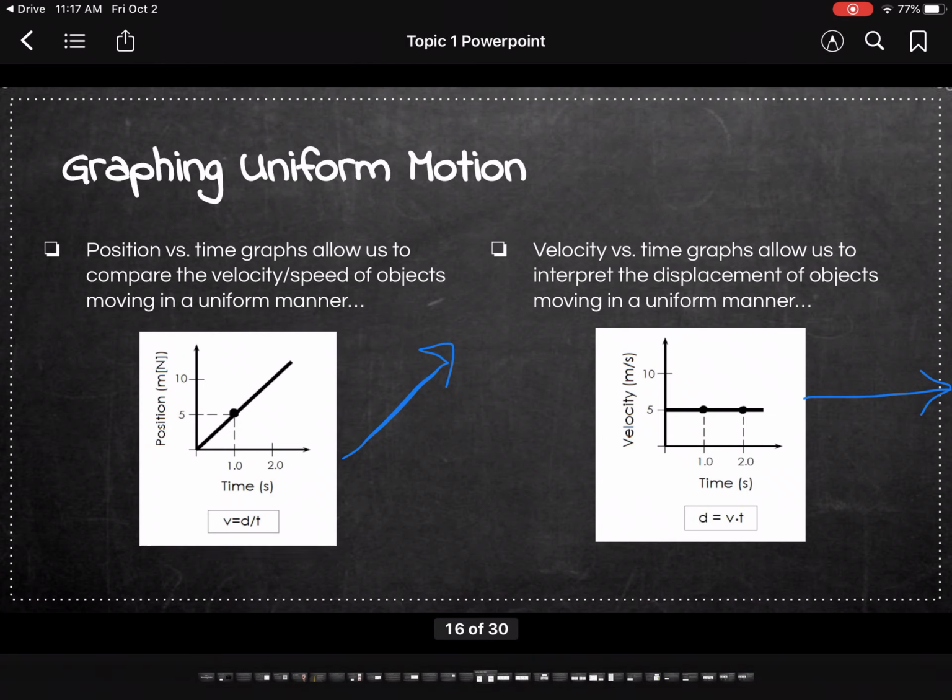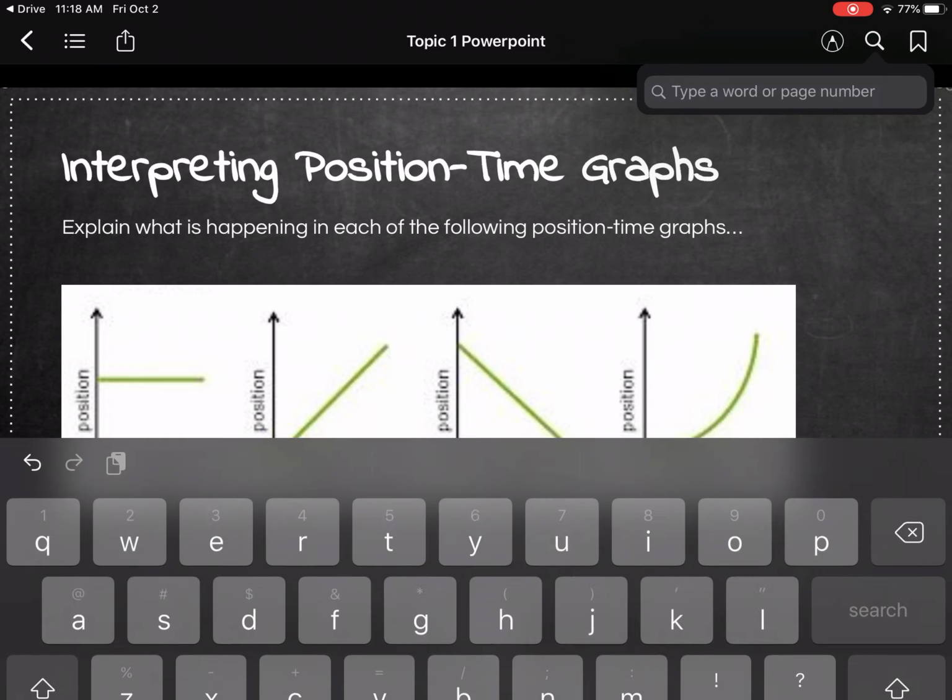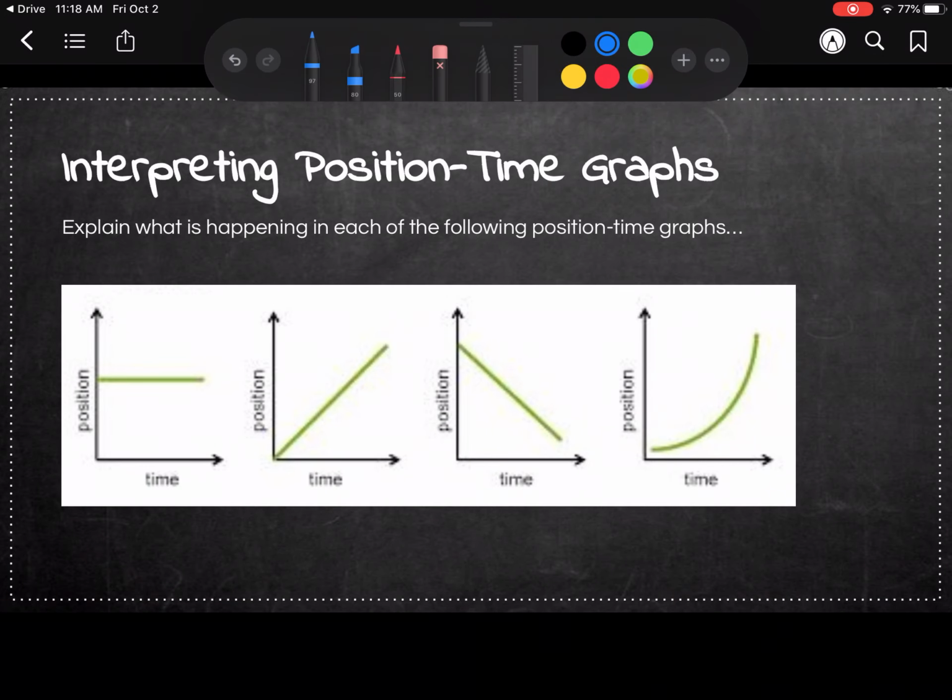Like I said before, uniform isn't really something we see in life, but something that we can see when we're dealing with these types of questions, possibly. Explain what's happening in each of the following position time graphs. If we look at this position time graph on the very left, the position is staying the same over time.